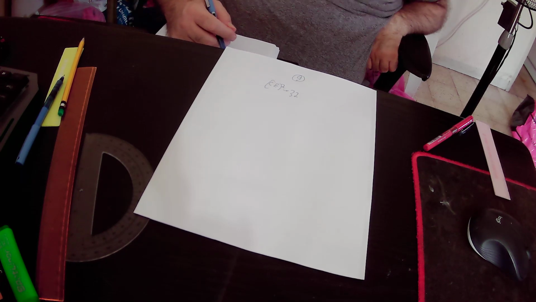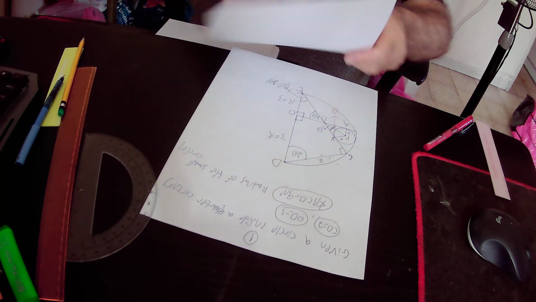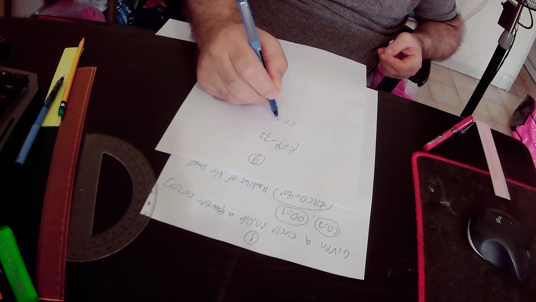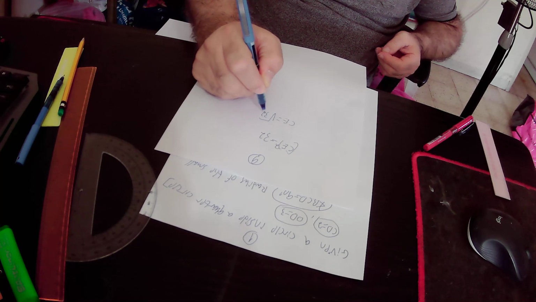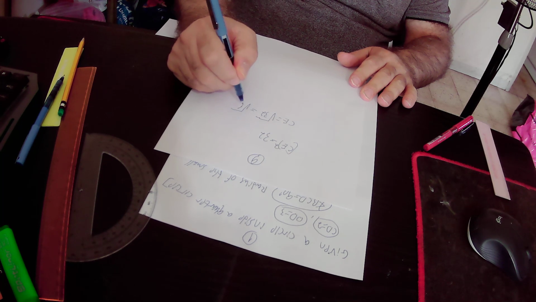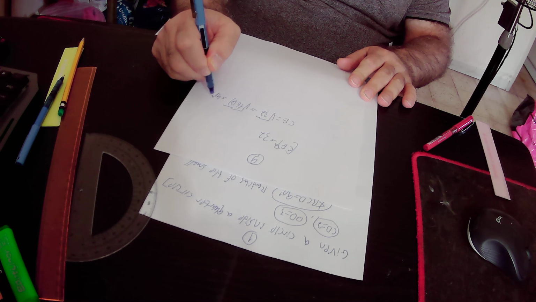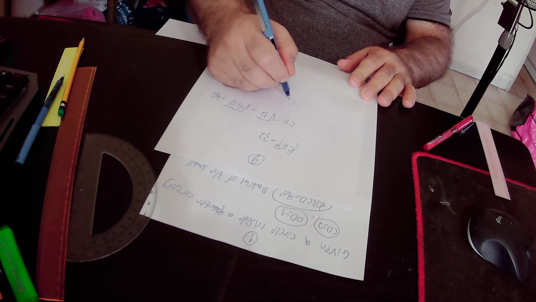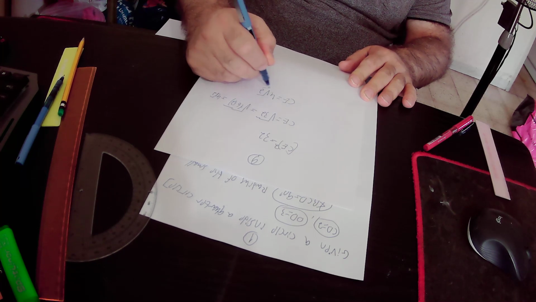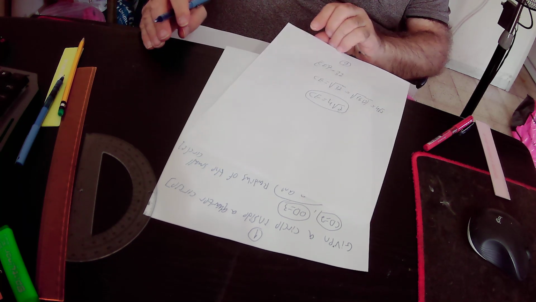We will take a root of this equality and we will get that CE equals root of 32. But we know that 32 is 16 times 2, and the root of 16 is 4, so in total we got that CE equals 4 times root 2.